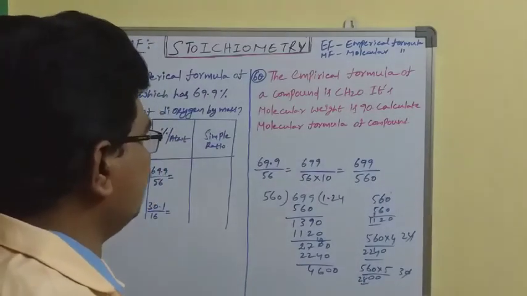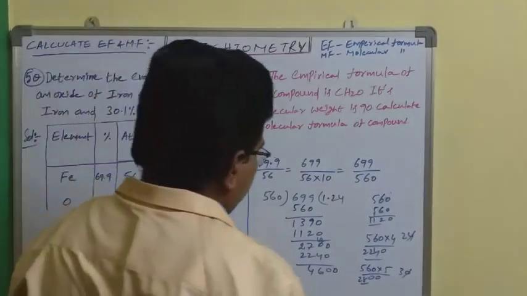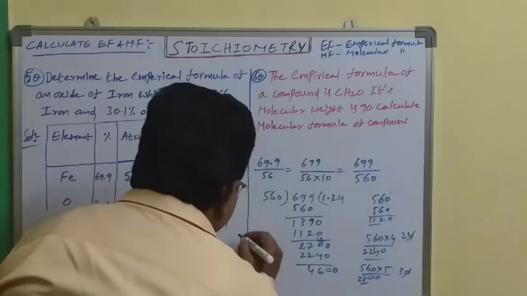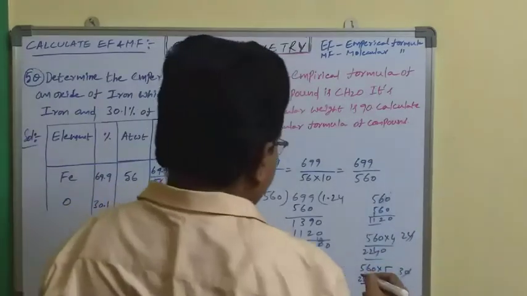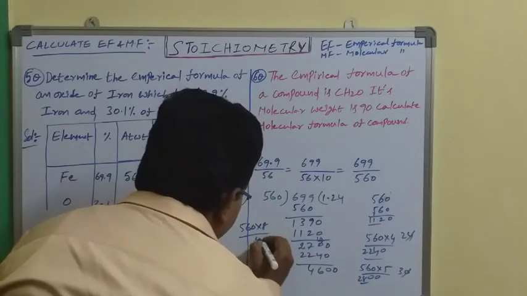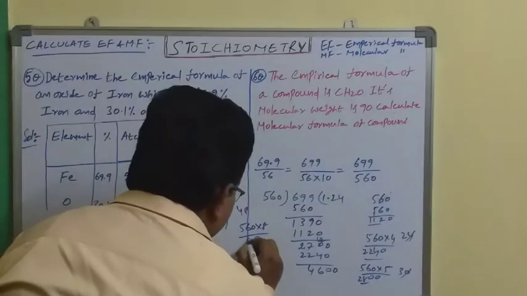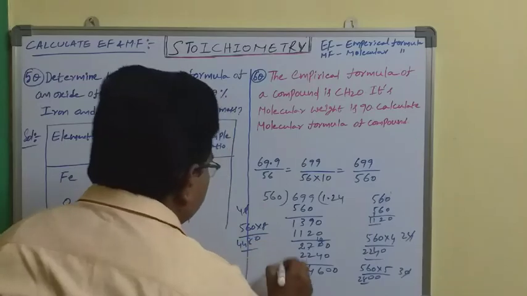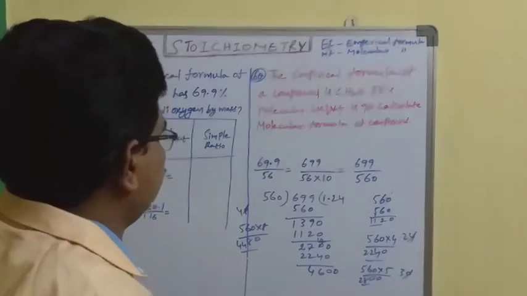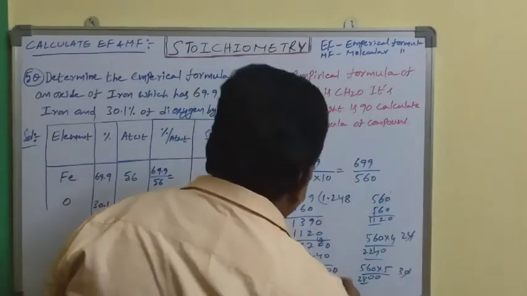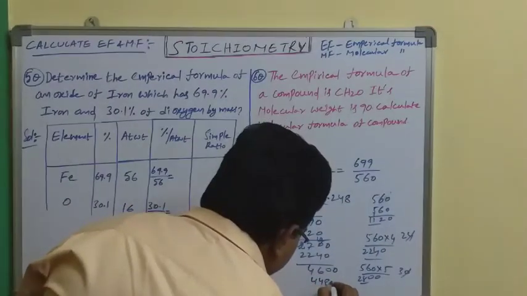How many times will it go? 8 times. 568 eights: 8 sixes are 48, 8 fives are 40, 44. 8 times gives 4480.